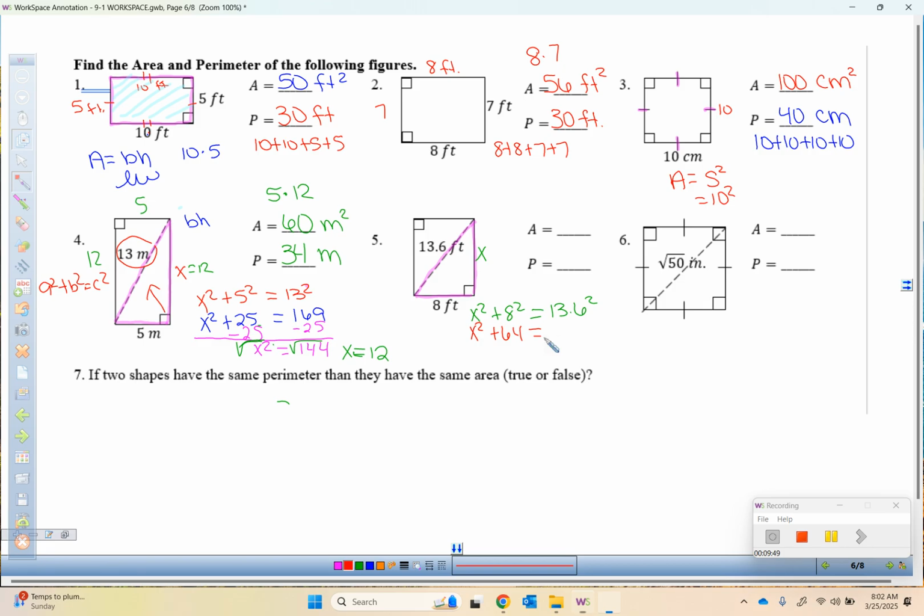Anybody get 13.6 squared? 13.6 squared is 184.96. Okay. Now take the 64 away from it, and I think you get the 120. Right? Yeah. Okay.